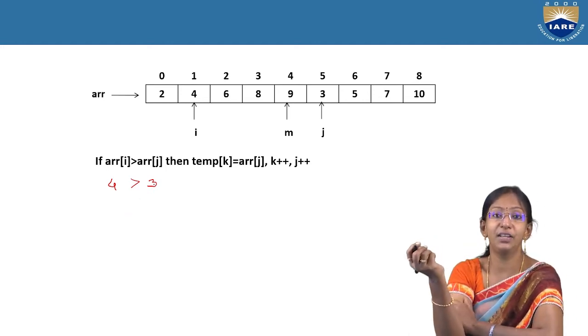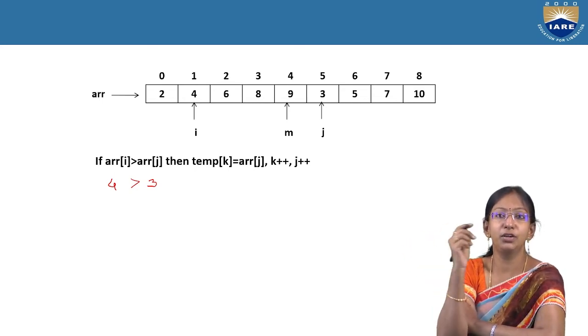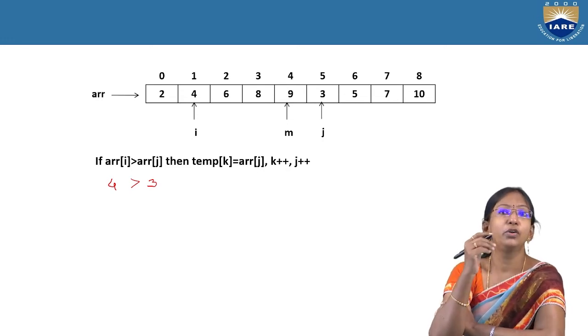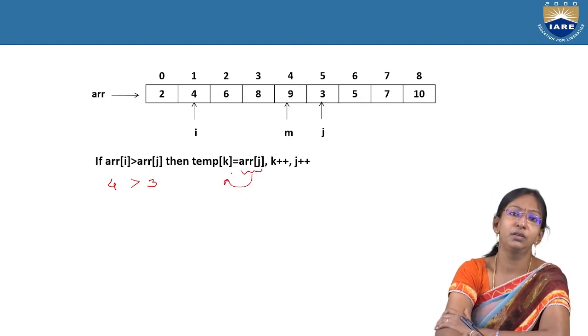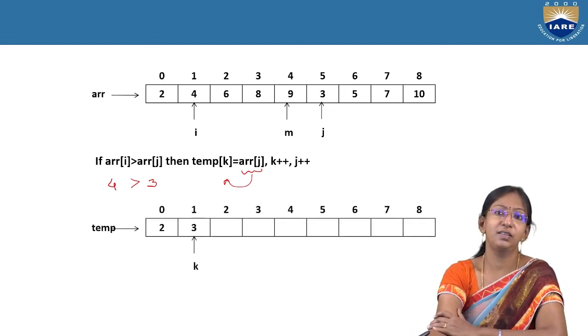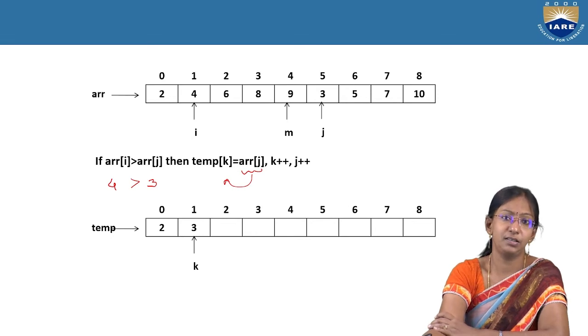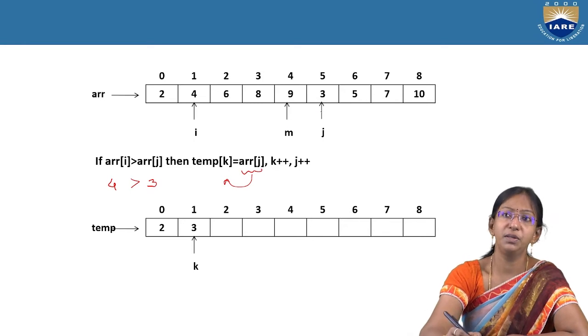Who won the bet? Which list is having a lower element? The element pointed by I or J? The element pointed by J. So, copy the element pointed by J into the kth index of array temp. Once I do this, have a look at this one. 3 got inserted into the list, that means 3 is being used.